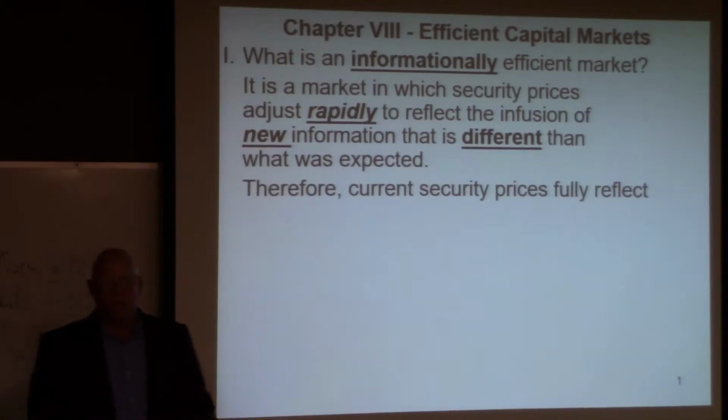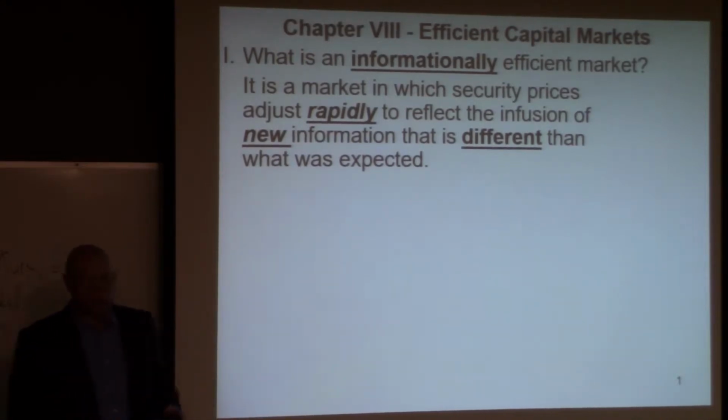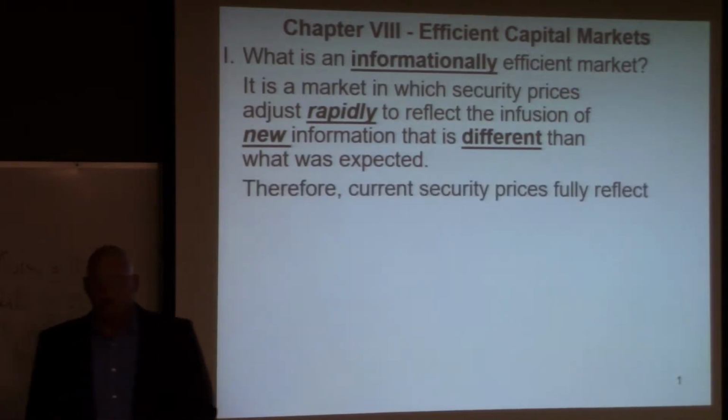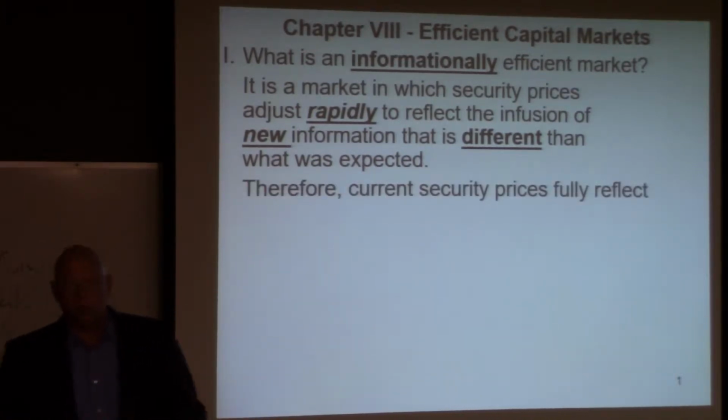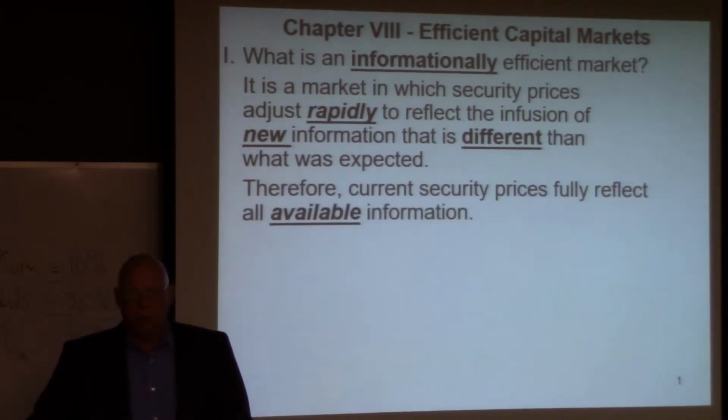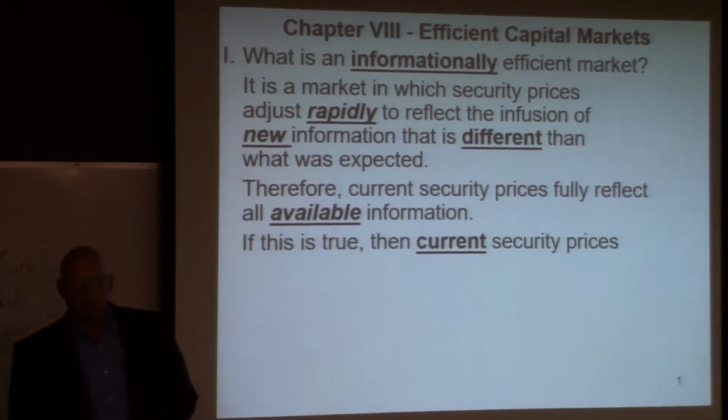All right? Therefore, if you assume that markets are informationally efficient, then you assume current security prices fully reflect all available information, everything that's already out there that we know about the markets, about the issuers, and about the securities is already baked into current security prices.